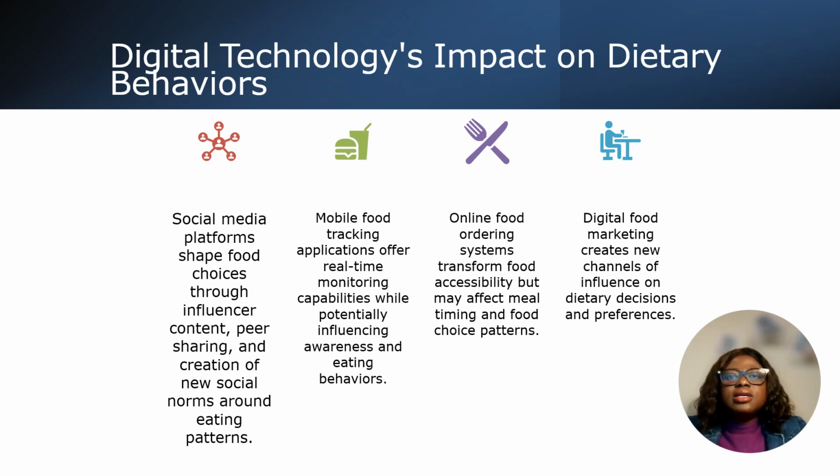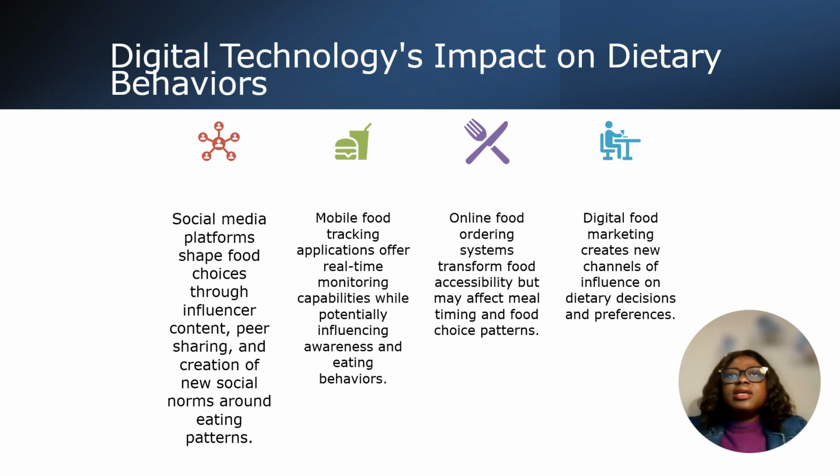So the content influences food choice. Social media content has the potential to influence food choice, through peer sharing and also the fact that some things may be trendy, and we all know that people want to go with what is popular, so that can determine individuals' eating patterns.